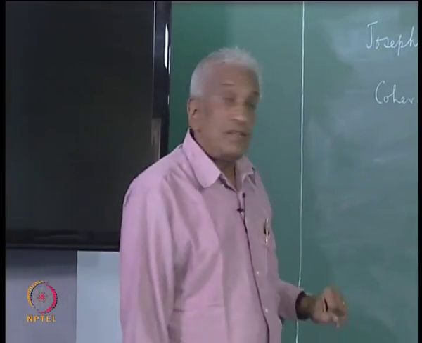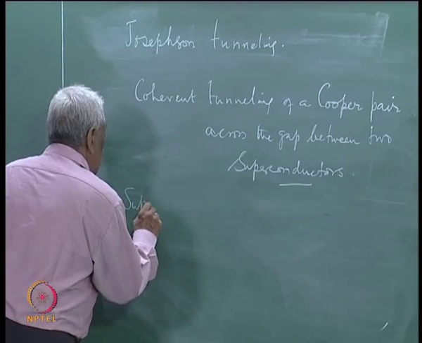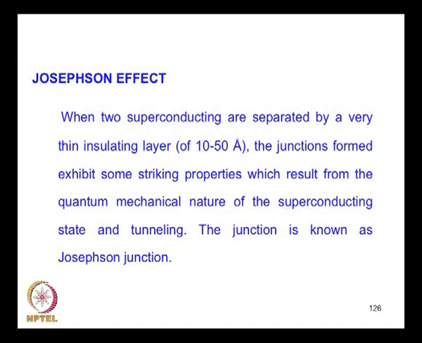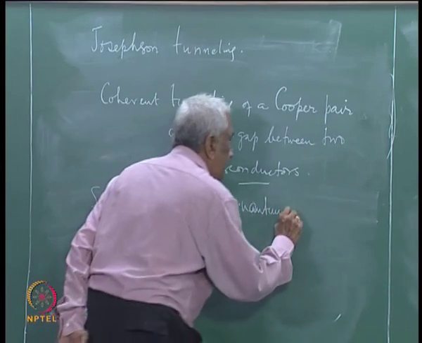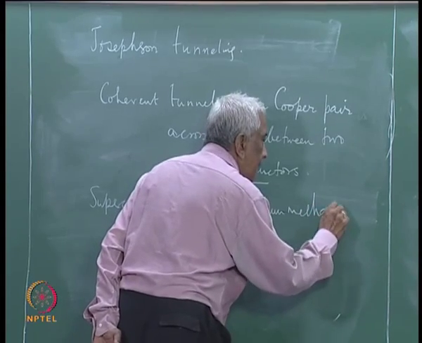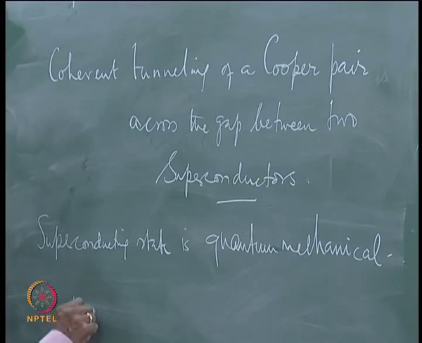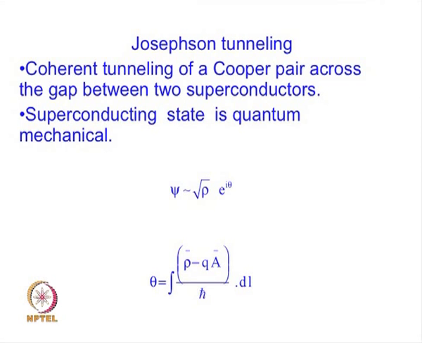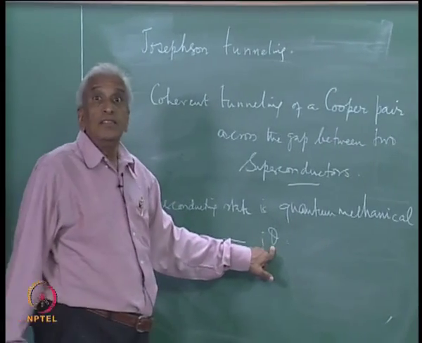Crucial to understanding this is the idea that a superconducting state is quantum in nature, and a given superconductor is a macroscopic quantum mechanical state with a wave function which is given by, where rho is the charge density and theta is the phase factor.